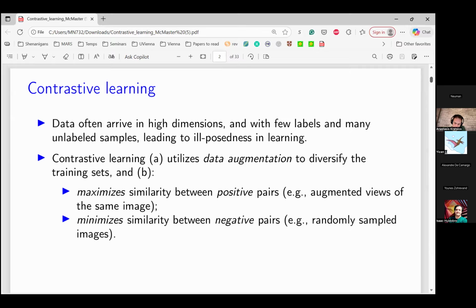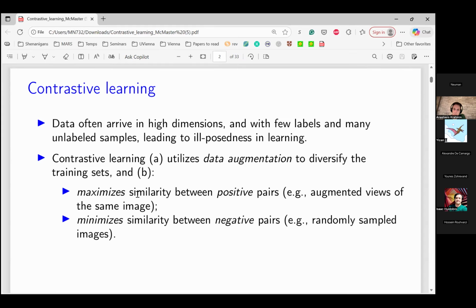Then with the new, more diverse data set, you want to maximize the similarity between positive pairs. By that, I mean that two images that look like they can be generated from the same original image are called a positive pair. You connect them, and you give them a very high edge weight.